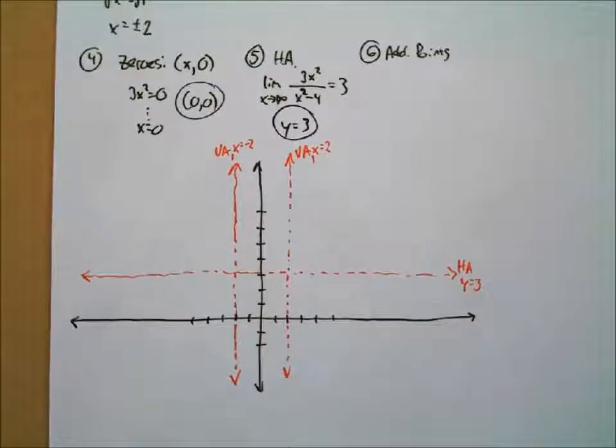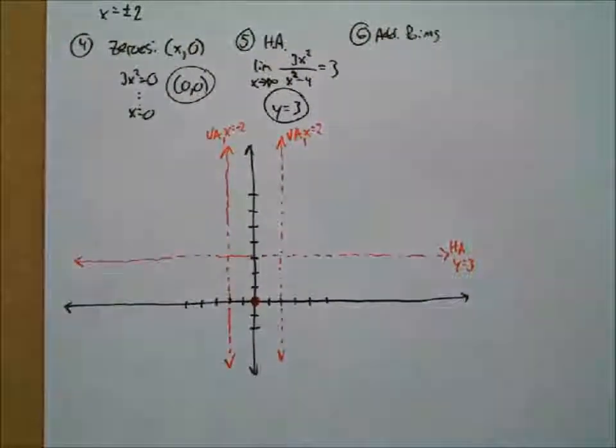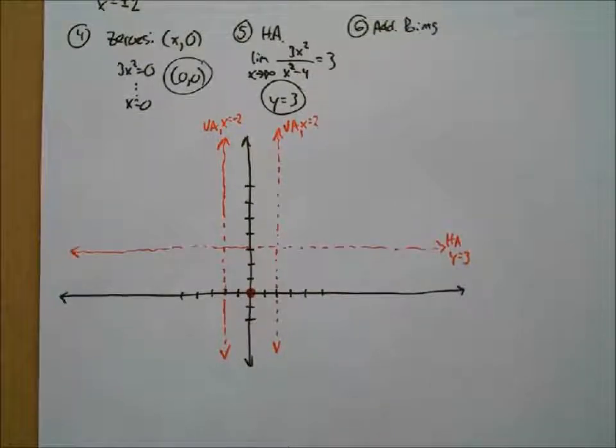No holes to plot, but we do have the 0 at 0, 0. So I'm going to plot that 0, 0. There's a point. That's all we've got. And we're supposed to kind of figure out what this graph looks like based off of this. So, little strange here.